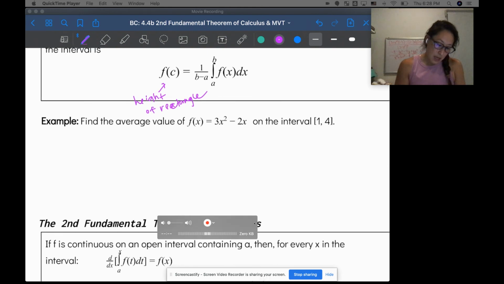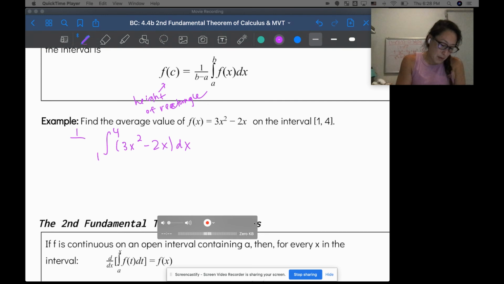We're going to look at the average value of f of x equals 3x squared minus 2x on the interval 1 to 4. So we need to get the area under the curve, which would be the integral from 1 to 4 of 3x squared minus 2x dx. And then we're going to take that area and average it out over all the x values.